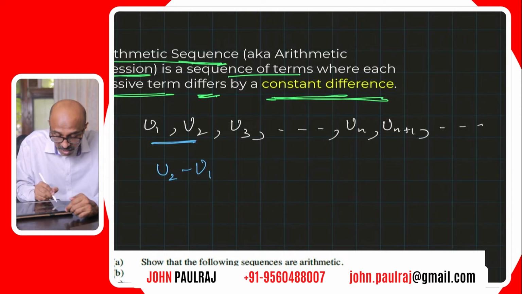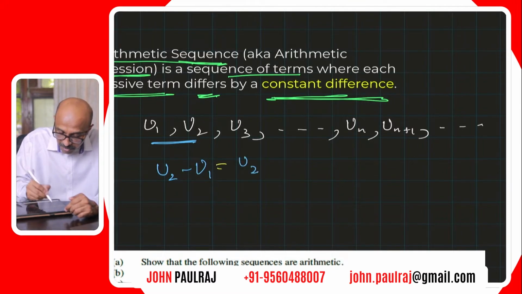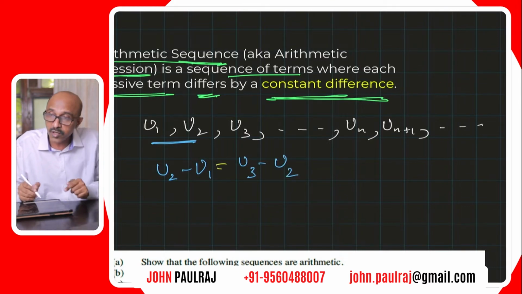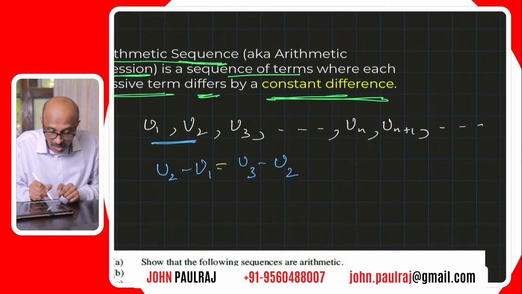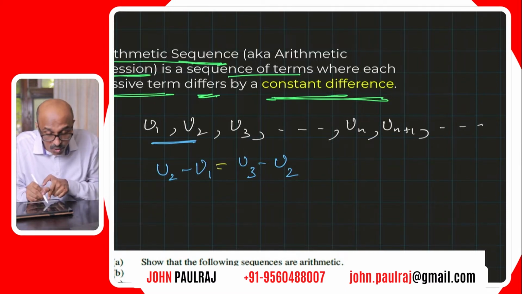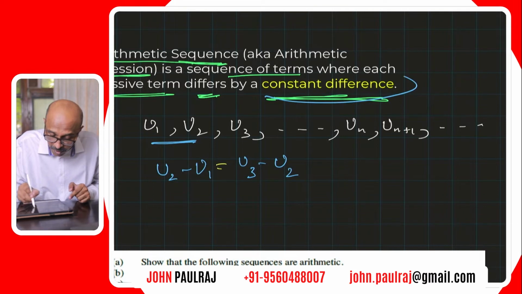That difference between those first two terms will be the same as the difference between the next two terms, U3 minus U2. Can you see that? The difference between U2 and U1 will be the same as the difference between U3 and U2. That's the meaning of constant difference.